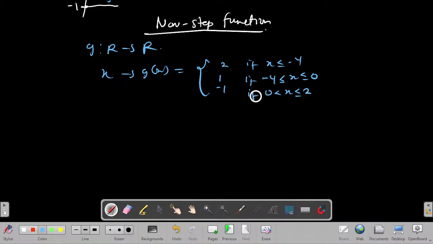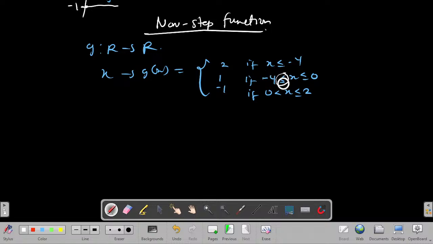Now, is this a step function? Let's critically analyze something. I want you to spot the difference here. You are telling me that for x less than or equal to negative 4, our output is 2.